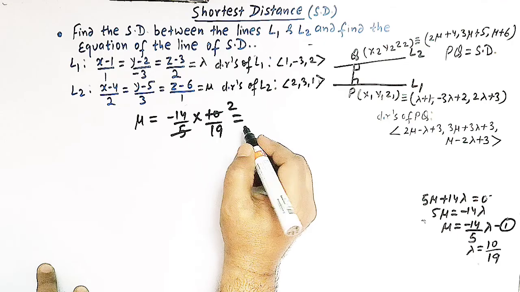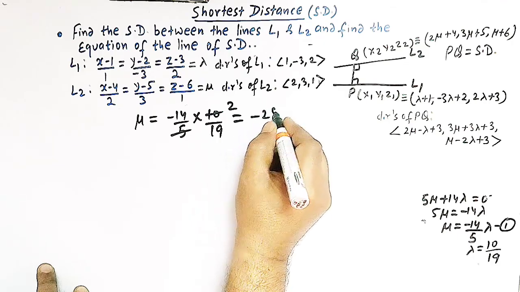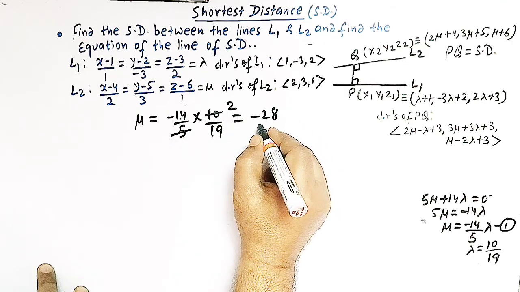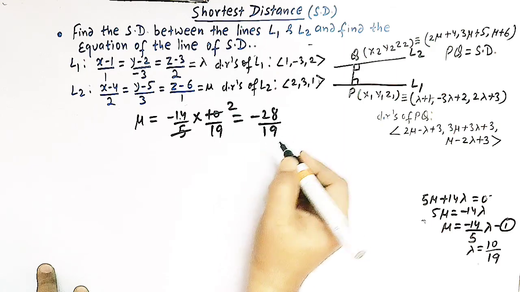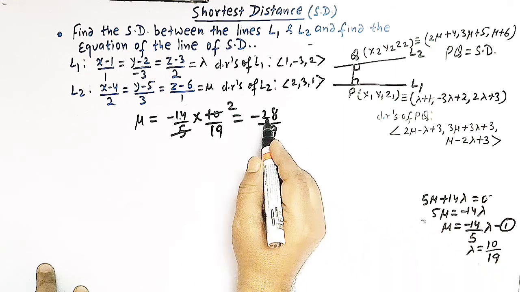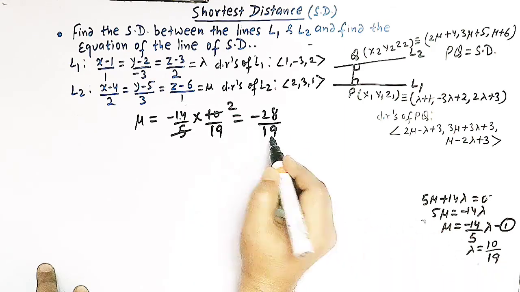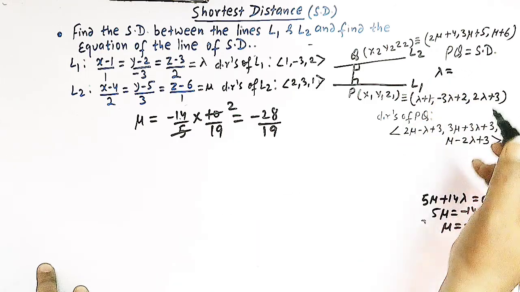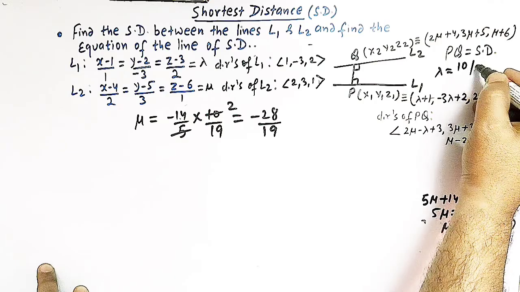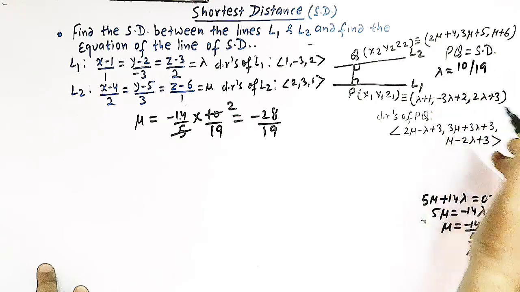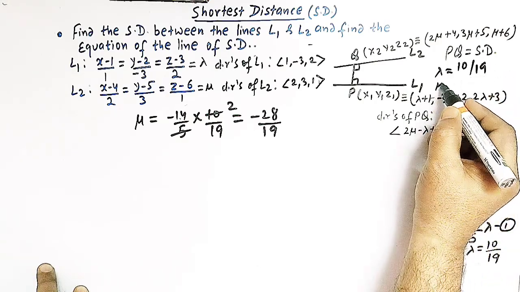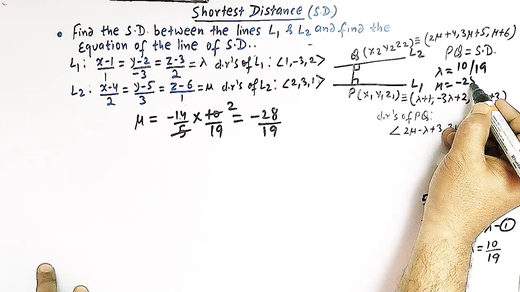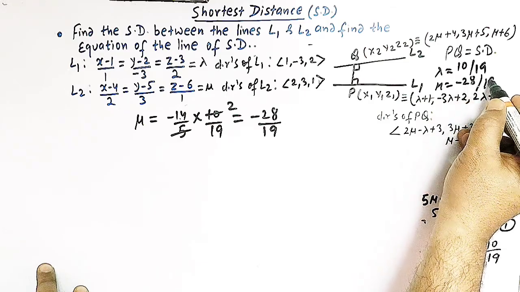So this is minus 28. 14 times 2 is 28, and 19. So the value of mu is minus 28 over 19. So lambda is 10 over 19, and mu is given by minus 28 over 19.